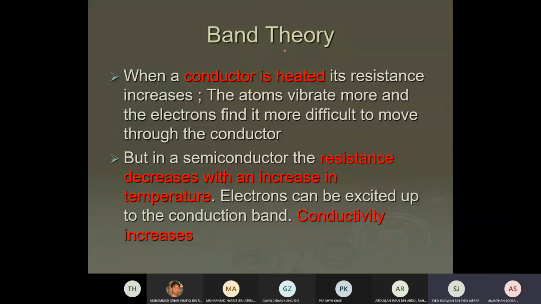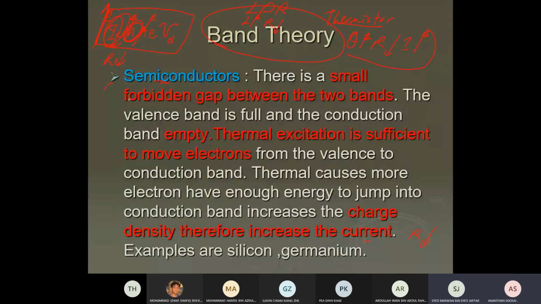Okay, now band theory. Now this is one question. When a conductor is heated, the resistance increases. But when a thermistor, a semiconductor, is heated, resistance decreases. We know why for the thermistor: when temperature rises, the resistance decreases because the charge density goes up.